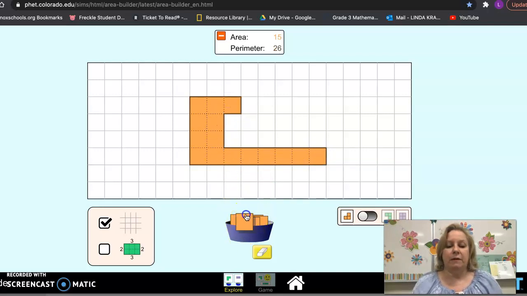And we're just going to fill it in. What we're going to do is think about how area and perimeter are the same and different.